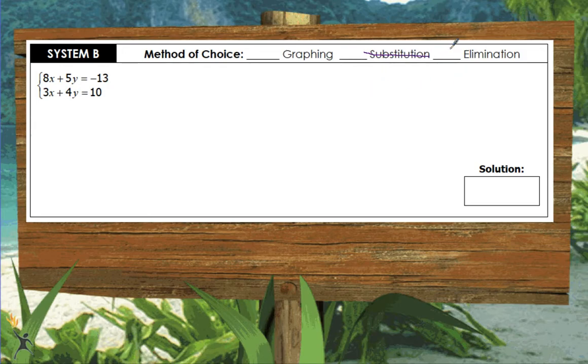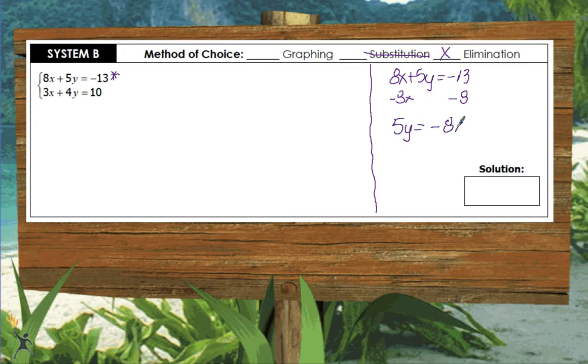I hope you picked elimination, because it comes back to the exact same thing we were talking about just on the last page. If I was to solve, say, even this first equation for slope-intercept form, I have 8x plus 5y equals negative 13. Well, if I subtract 8x, I get 5y equals negative 8x minus 13.